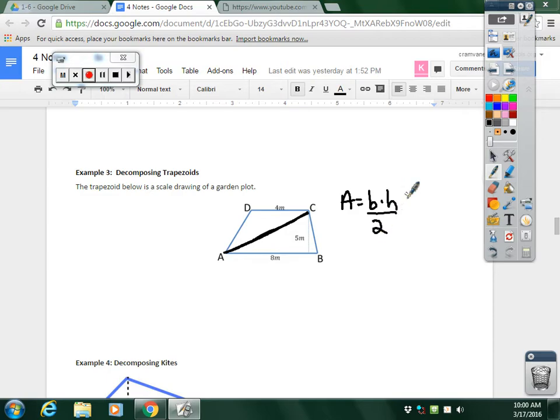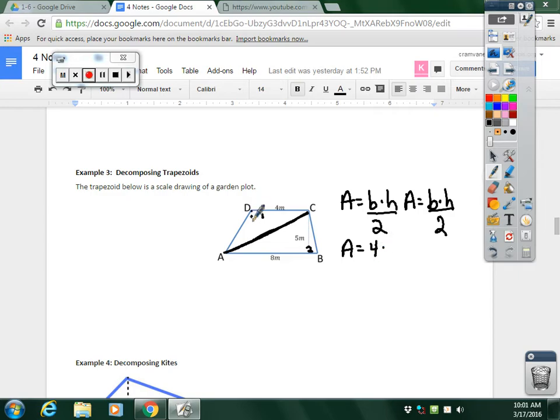So we have just cut this trapezoid, and we have composed it of 2 triangles. Okay, so the first triangle, I'm going to say this is number 1, this is number 2. The first triangle is upside down. No biggie. The base is 4. Now I have to calculate the height, okay?